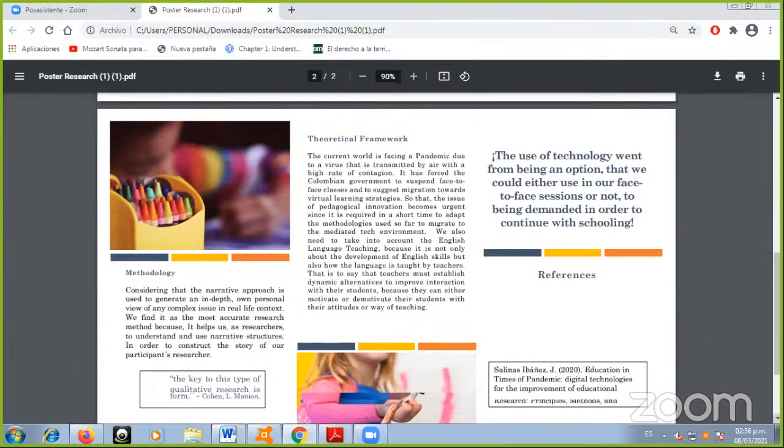So the issue of pedagogical innovation becomes urgent since it is required in a short time to adapt the methodologies used so far to remote education, and that is an education mediated with technological resources.